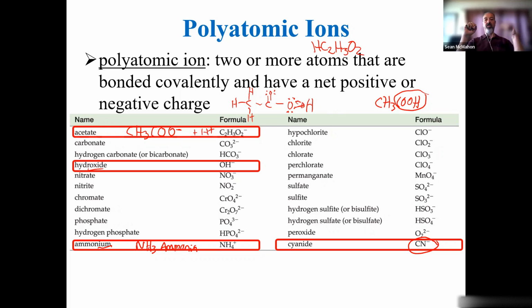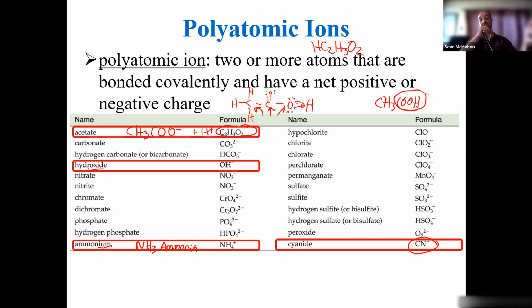I only expect students to be comfortable with Lewis dot structures for this course with single central atoms versus multiple. Acetic acid has multiple central atoms. It has 2 carbons, and then it also has an oxygen. So it's a little more difficult, but you do need to know that this is the acetate ion.